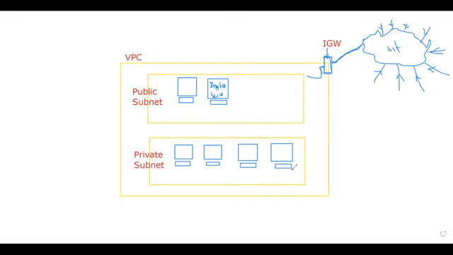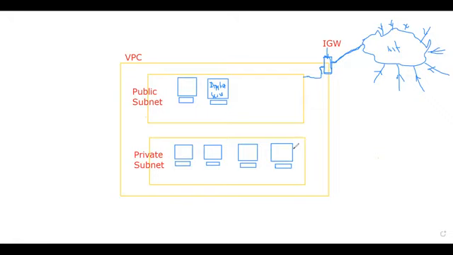Now, what about instances on your private network? The reason it is called a private network is because internet access cannot reach it and it cannot reach internet access. So this man will not be able to access internet. Nobody here in the private subnet will be able to access internet.